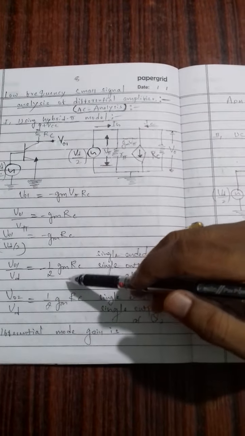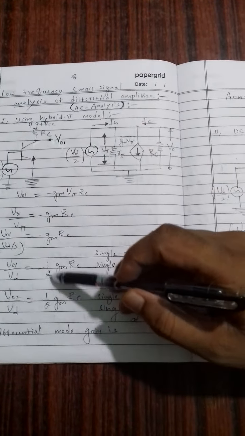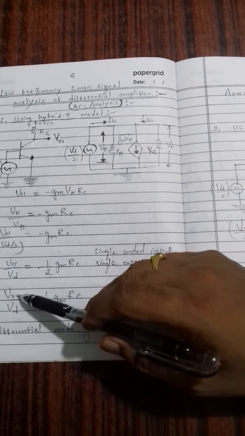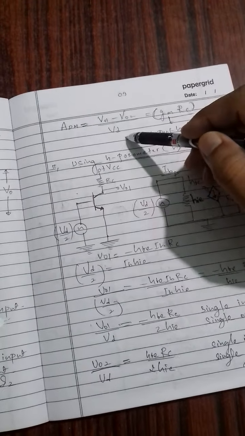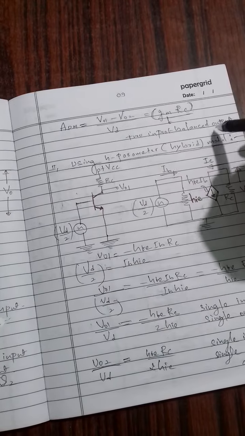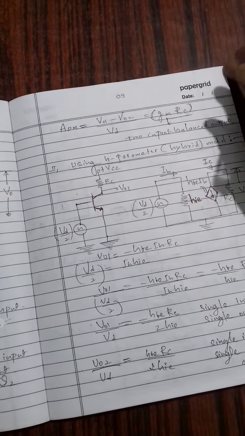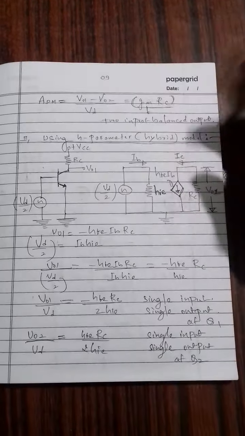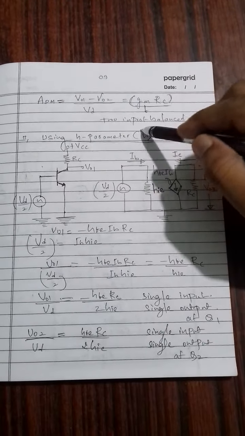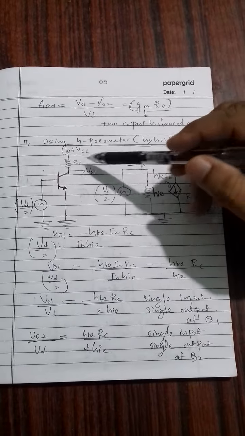Here I have determined VO1 upon Vd is minus 1 upon 2 Gm Rc and VO2 upon Vd is plus 1 upon 2 Gm Rc, so VO1 minus VO2 upon Vd is Gm Rc, with output at both the transistors, two input balanced output.